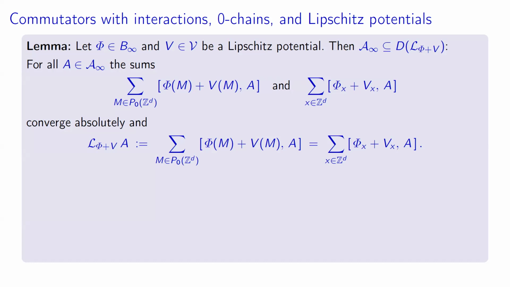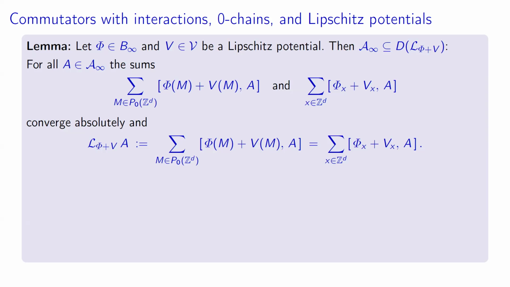We can compute commutators with them, not with all observables. If they decay too slowly, these commutators may not be well defined, but if they decay fast, they are well defined. So for any A that decays fast, we can define the commutator of this interaction or Lipschitz potential with A by summing up all the commutators for the finite terms.